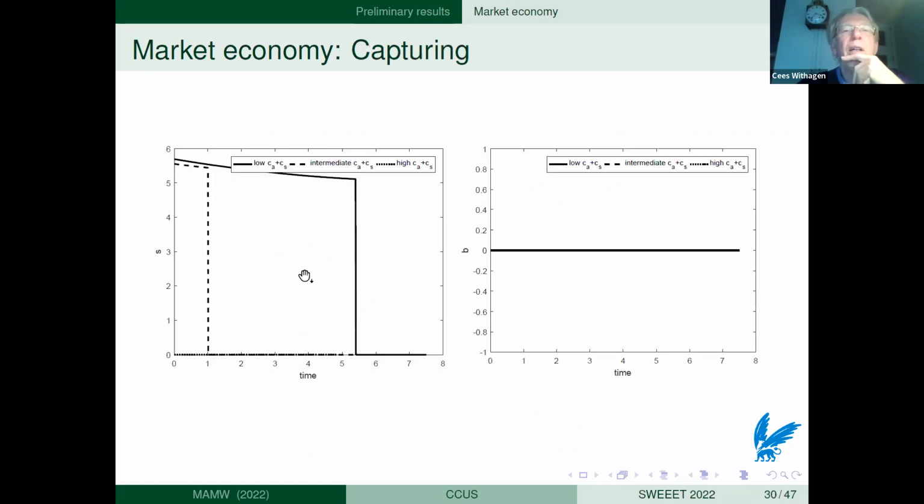There will be capturing of CO2 in the economy. So not B equal to 0, but S is going to be positive. And you see that if the cost of abatement and of storage are low, then there will be a lot of insertion in active wells.